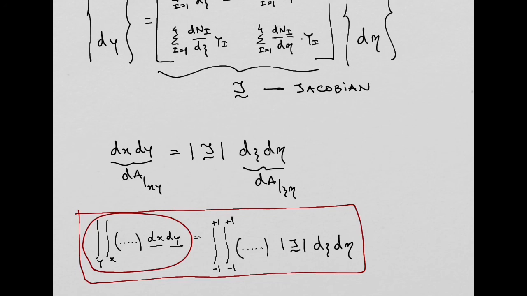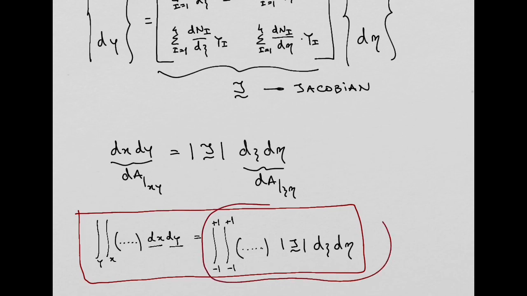And how does the finite element software know that? It doesn't know that. So that's why we had to create this natural domain so that the computer always knows that it is doing an integral for a domain that is always from -1 to +1.